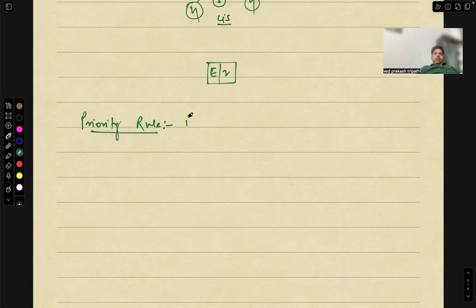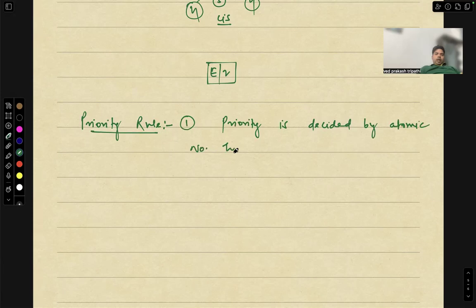So the very first rule is priority is decided by atomic number. Higher the atomic number, greater the priority.